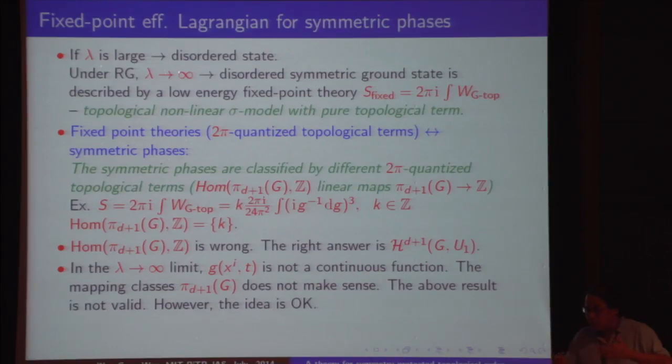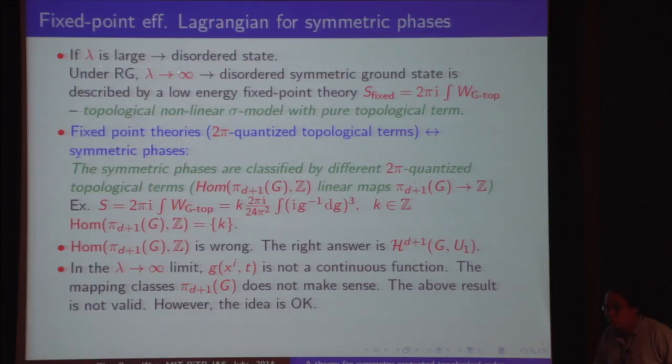What I'm going to present next is that we try to put this nonlinear sigma model on the lattice. And we try to ask, when you put the nonlinear sigma model on the lattice, do we still have this 2-pi quantized topological term or not? And then you say, you cannot have it because on the lattice, there's no continuous map. There's no topology, nothing's there. But actually, surprisingly, there's something there.